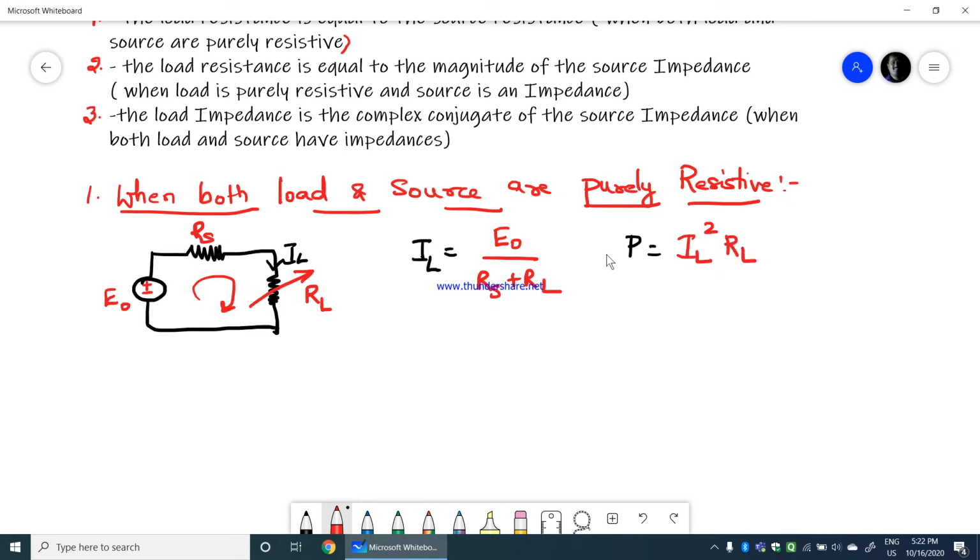Therefore P equals E0 square divided by RS plus RL the whole square, multiplied by RL.